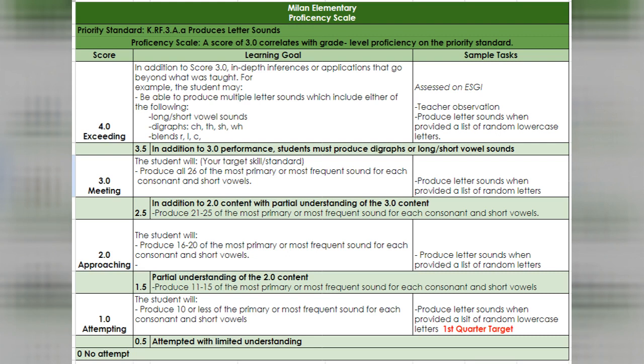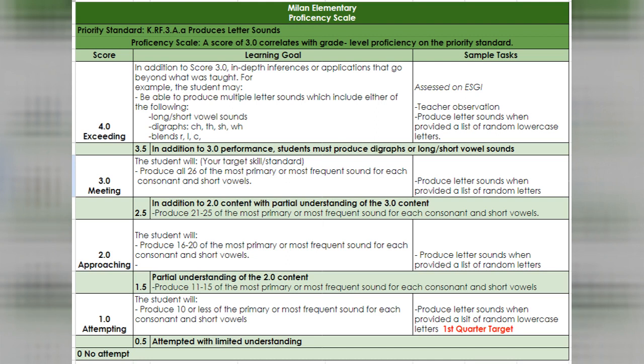If you look, we've got a number scale from 0 to 4 on the left, and in the middle some learning goals. You'll also notice there are half points in between each number. Then over to the right, there are some sample tasks.